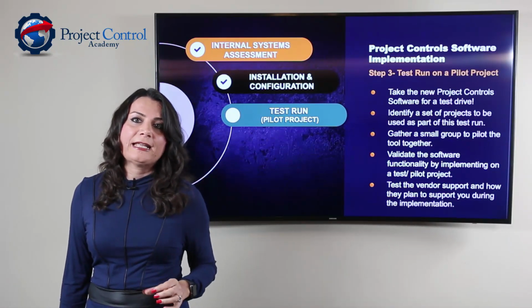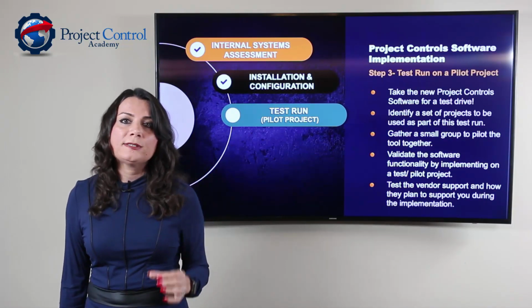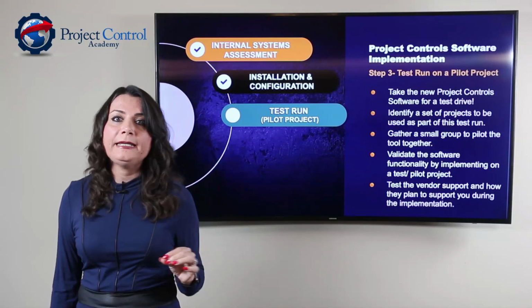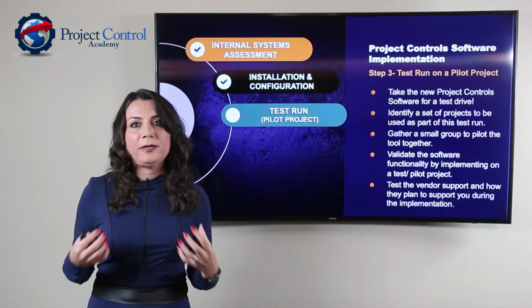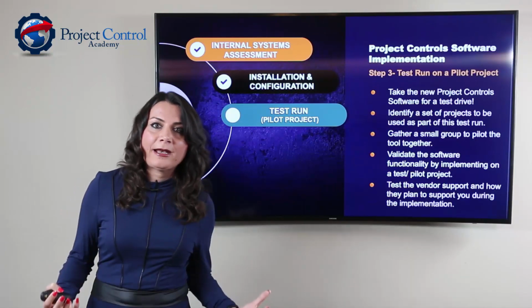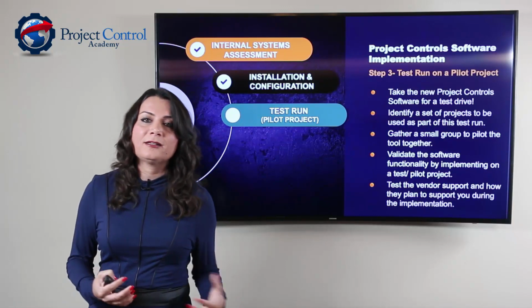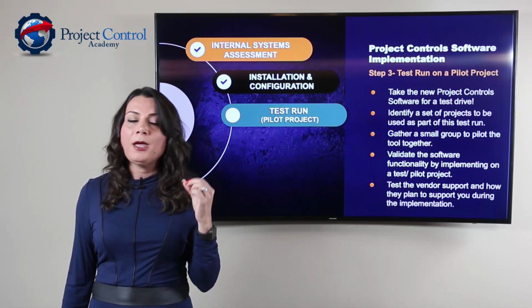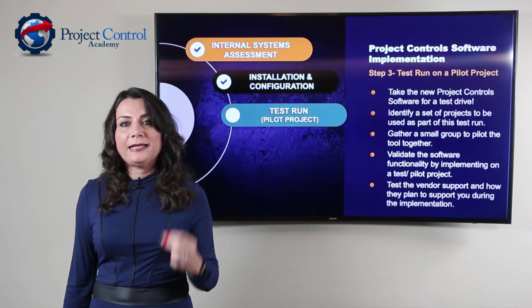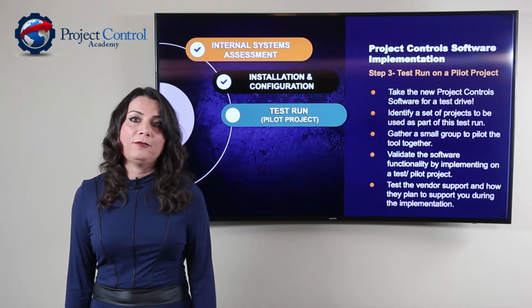So first, select the project that you want to test the software on, and also select a pilot team who are going to implement the software on that project, learn from it, and figure out the issues or the pros and cons of the software. So you need to figure out the team as well as the project, and then do the test run and validate the software against what you are looking for.